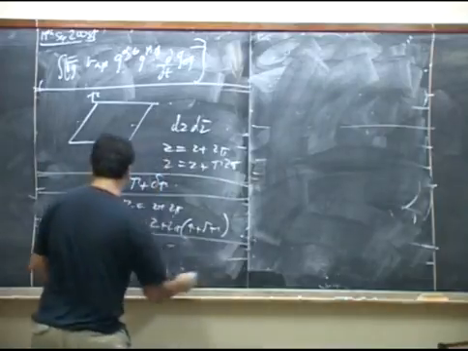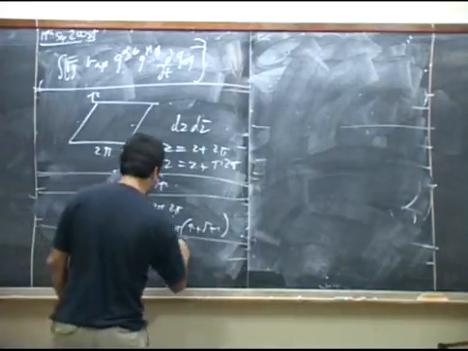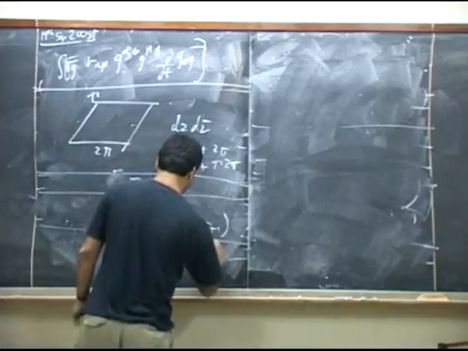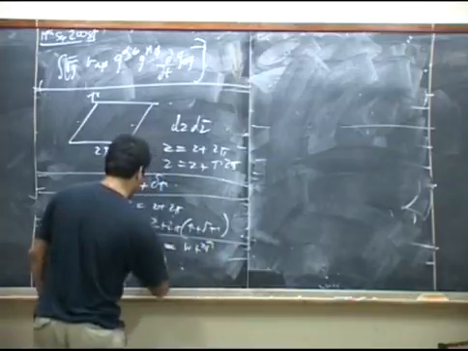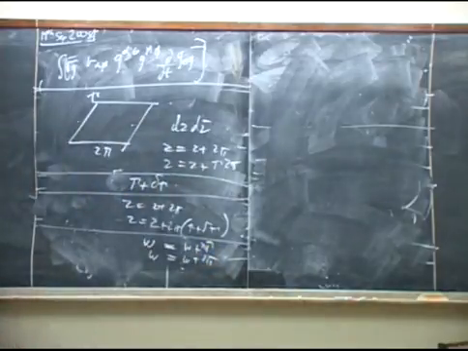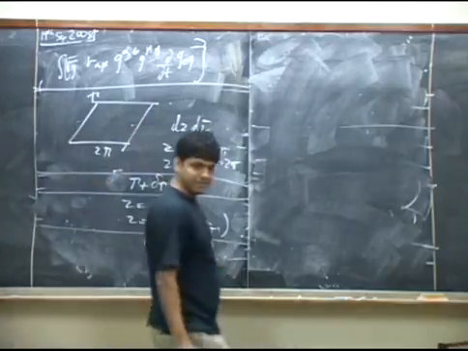And now we have some new W coordinate which has identification: W is equal to W plus tau 2 pi, and W is equal to W plus 2 pi. We're going to do a variable change that goes between these two.